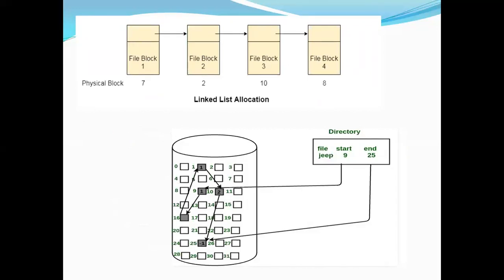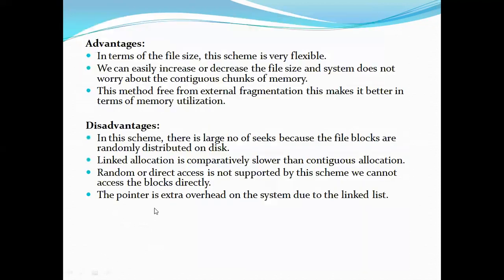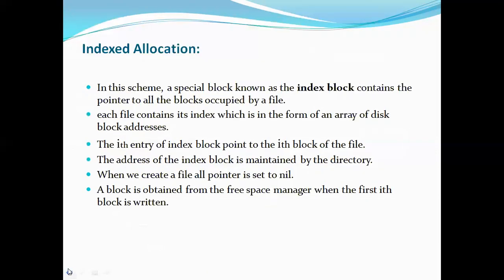Suppose this file starts from block 9 and 4 blocks are required. First it goes to 9, then the next block allocated is 2, then the next is 16, then the next one is 1. That means we can allocate any block to any file; we just have to maintain the links. That's why it is known as linked allocation.